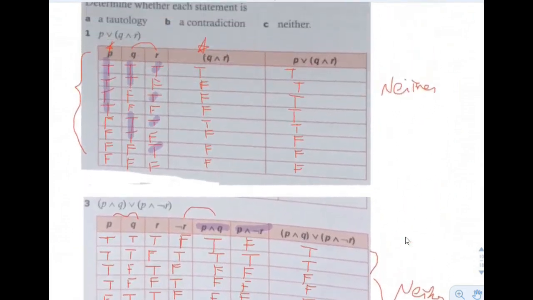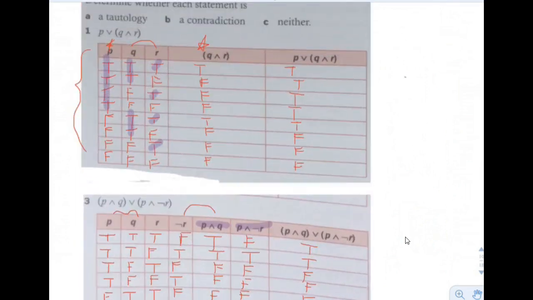Let's take advantage of these tables that are already done. And we'll find P and R, and we'll also find Q and not R. So P and R, we'll just put it right here. P and R would be true, true. So most of them would be false, but sometimes it'll be true.